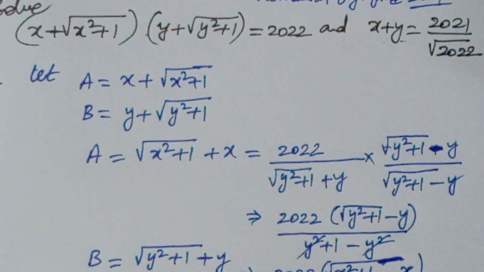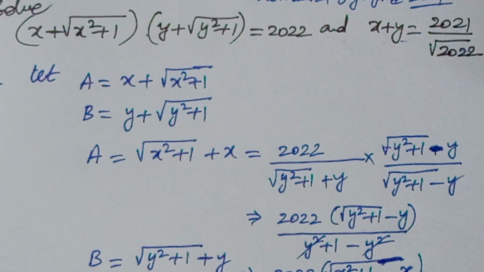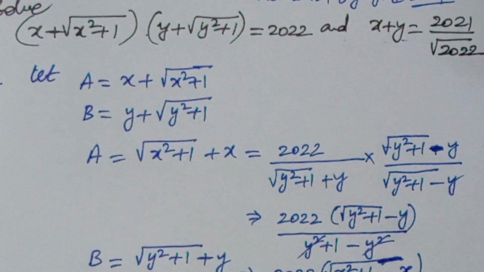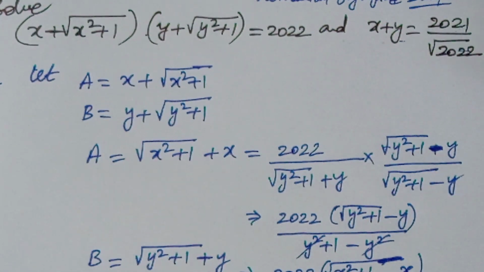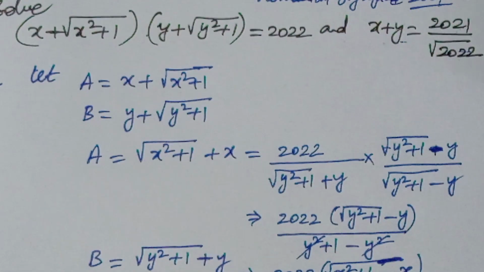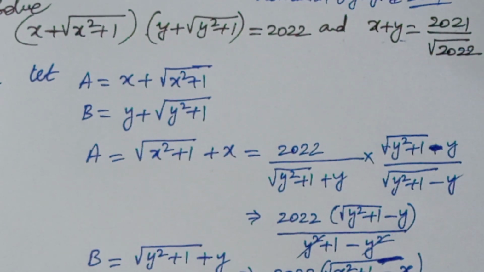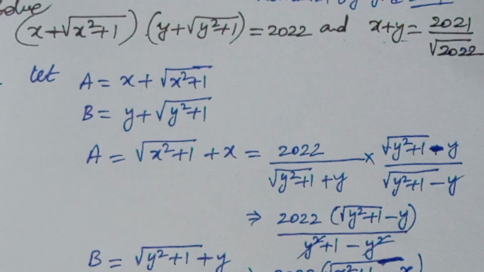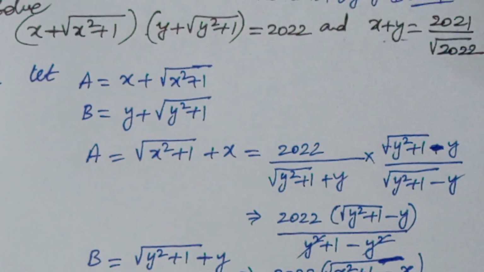So here we are adding the above equations, and using the value of x + y, we get a + b = 2022 (√(x²+1) + √(y²+1)) − 2022 (x + y).